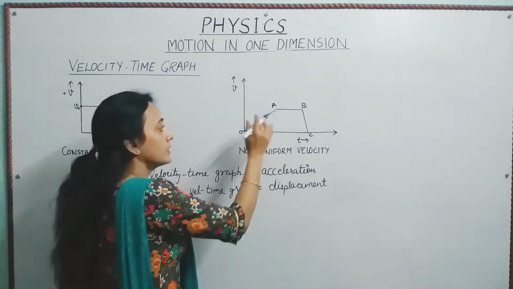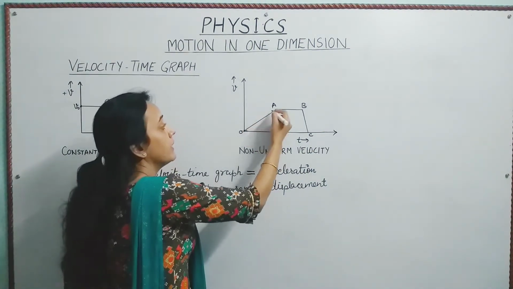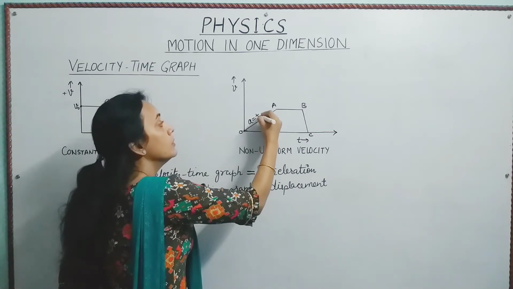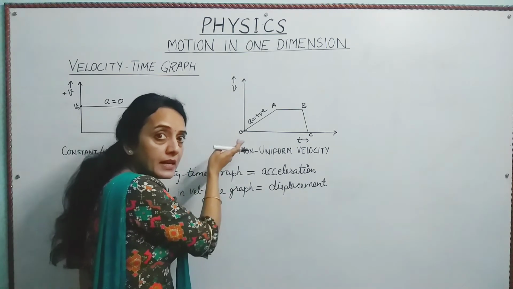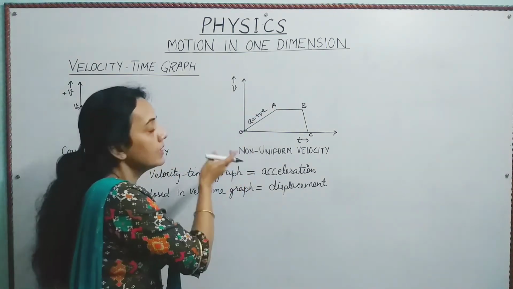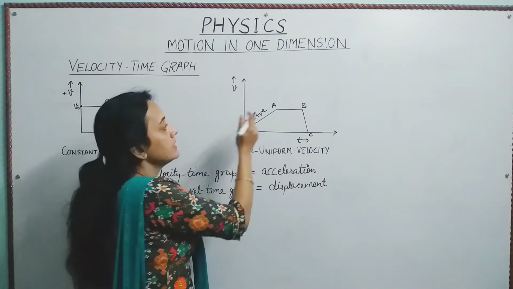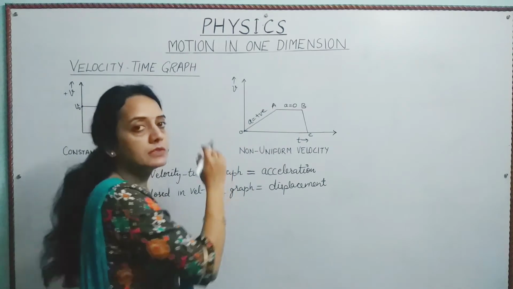Now here, if you find the slope of this part, it will come out positive. Okay, so this is uniformly accelerated motion. Uniform acceleration is there, because velocity is continuously increasing. In this part, you will find acceleration as 0.